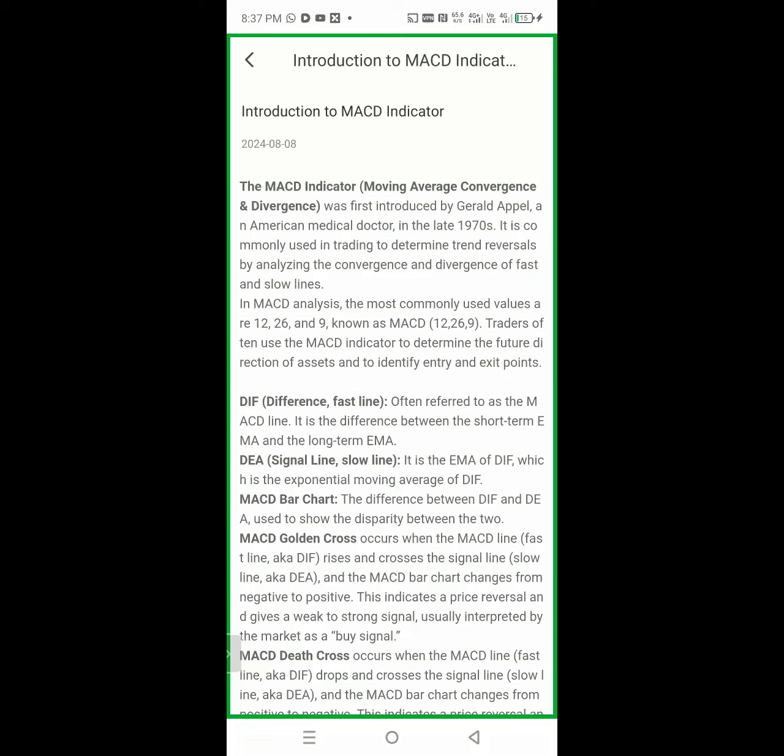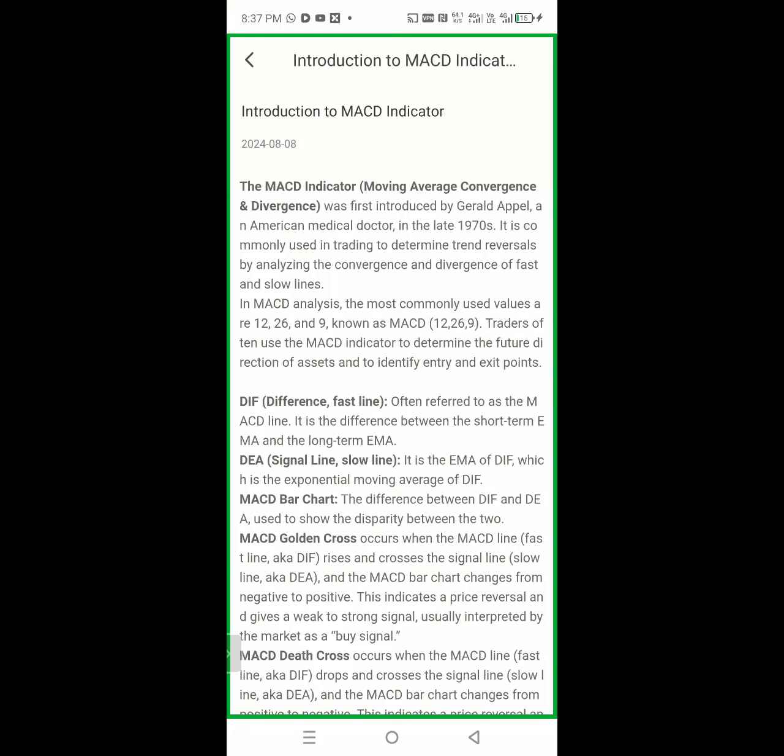Traders often use the MACD indicator to determine the future direction of assets and to identify entry and exit points. So what is telling you that they use this moving average to determine the trend? That is why I said, for those that are in our futures group in the morning, MACD is preferable.